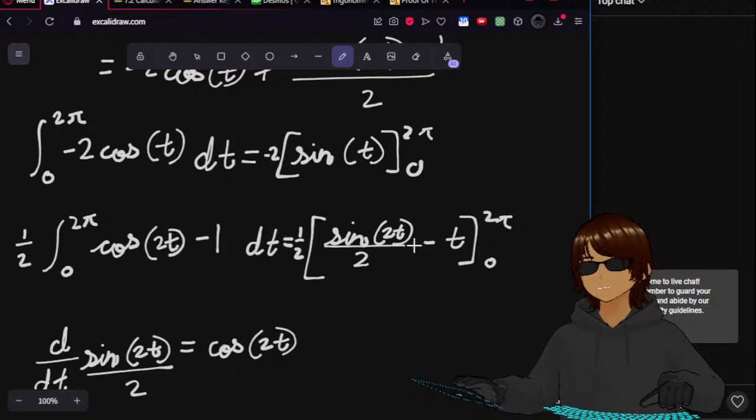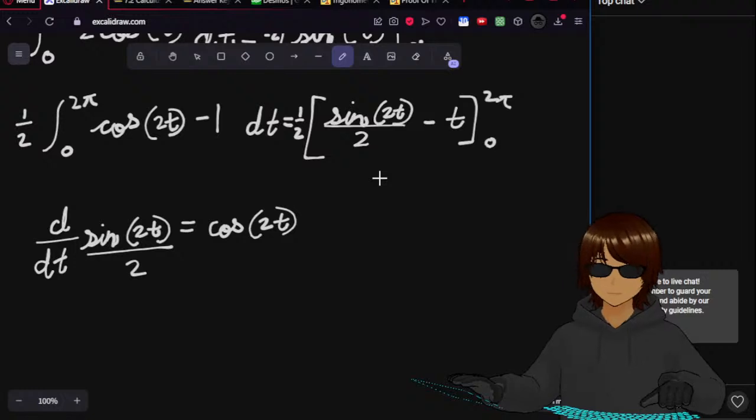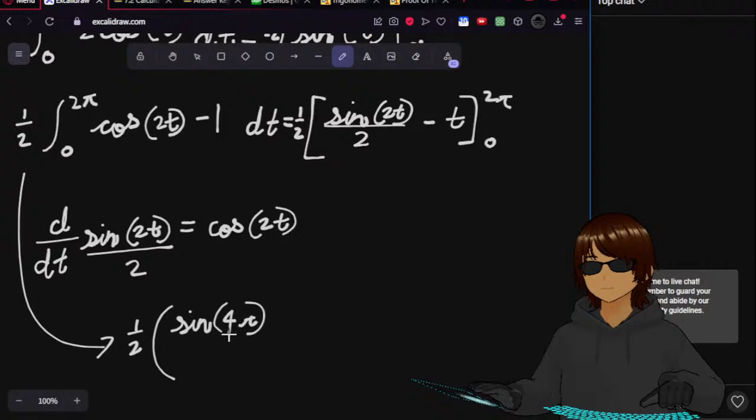I have no clue where the mistake is. Is it this sine 2t? I think it's this. Sine 2t is sine 4 pi over 2 minus 2 pi, right? And sine 0 is 0 and then 0 here. So that part doesn't matter.